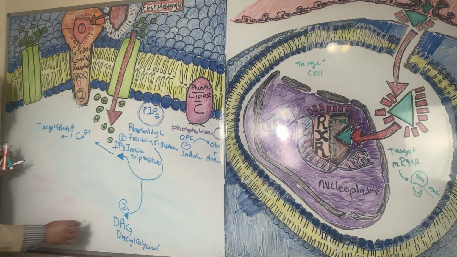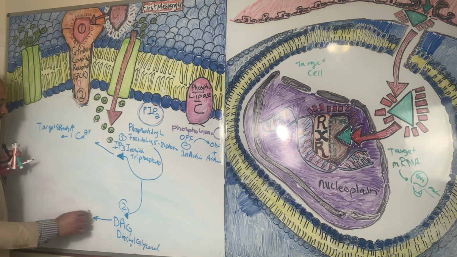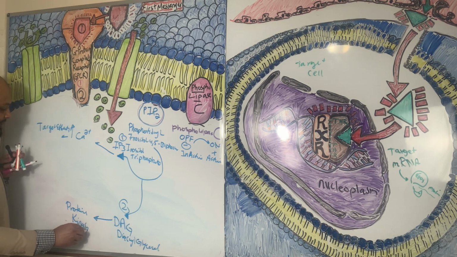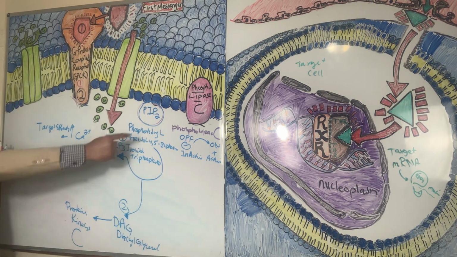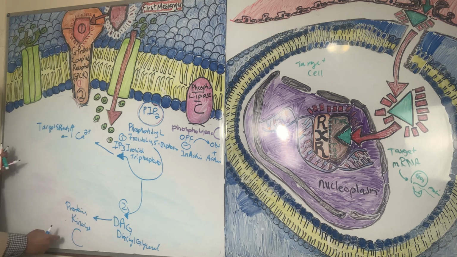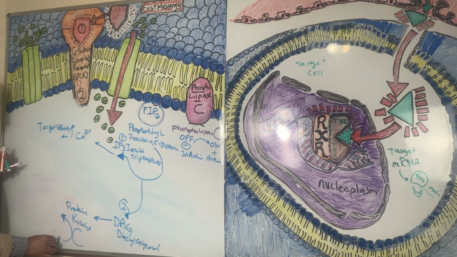Diacylglycerol is different. Diacylglycerol is going to go and activate for us protein kinase C, and that should make a lot of sense because we're dealing with phospholipase C, so the target effect is protein kinase C. And you know, when there's a kinase, we are going to be phosphorylating, adding a phosphate group to an enzyme that is off.